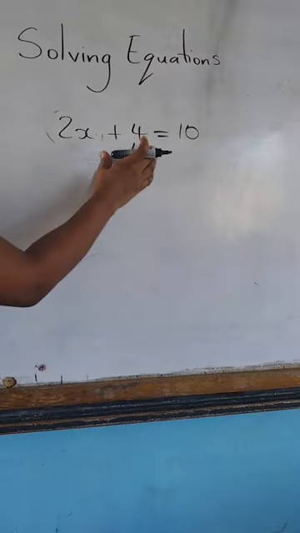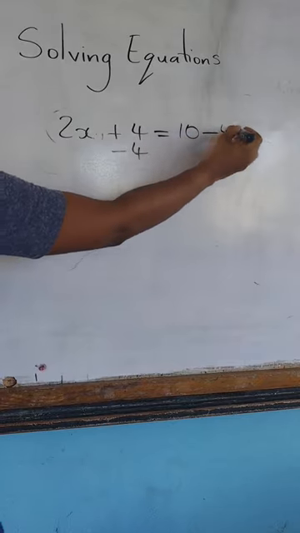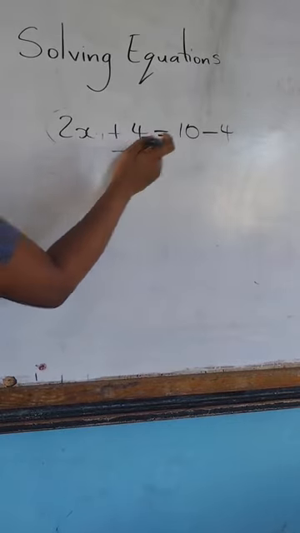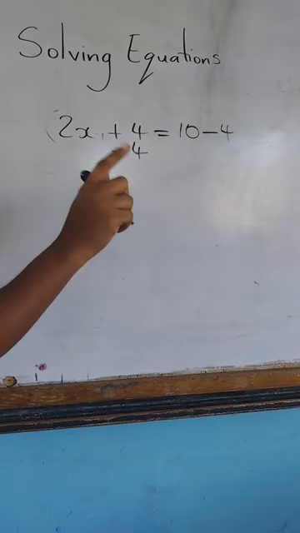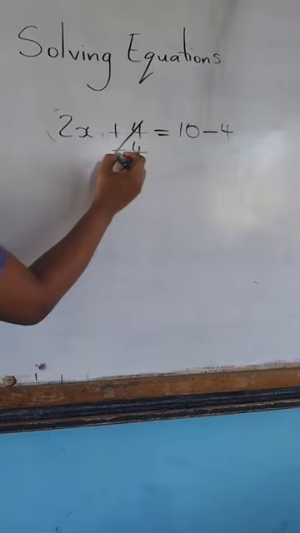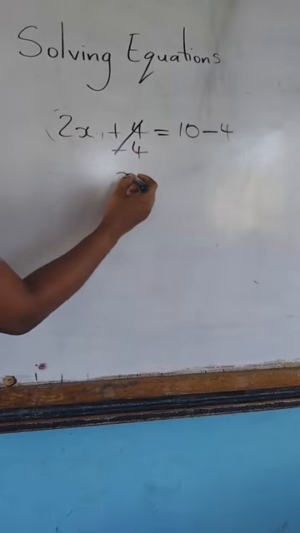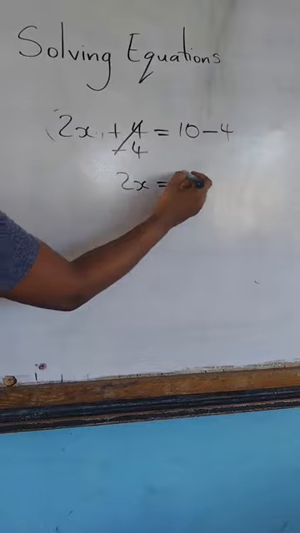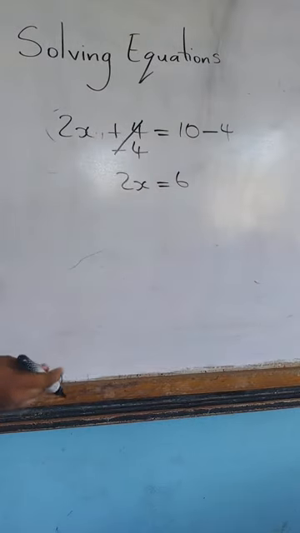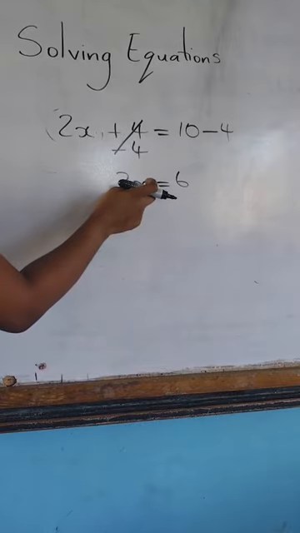Now if I subtract the 4, it means that 10 will also be reduced by 4. Both sides are being affected in the same way. This 4 is now gone, leaving us with 2x. 2x is now equal to 6. Now I'm looking at it and I said it's 2 times this number that gives me 6.